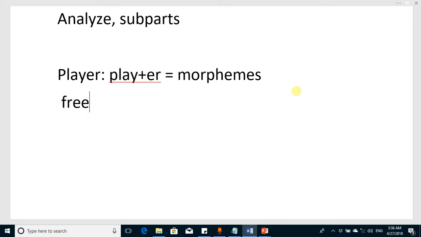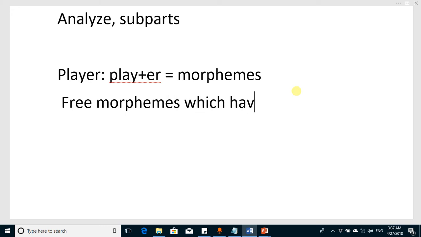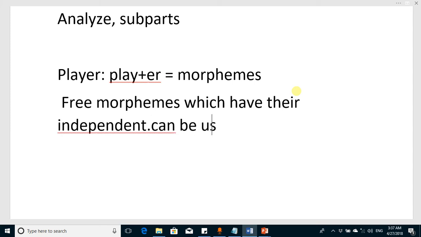Free morphemes are those morphemes which have their independent meaning, or you can say they can be used independently.